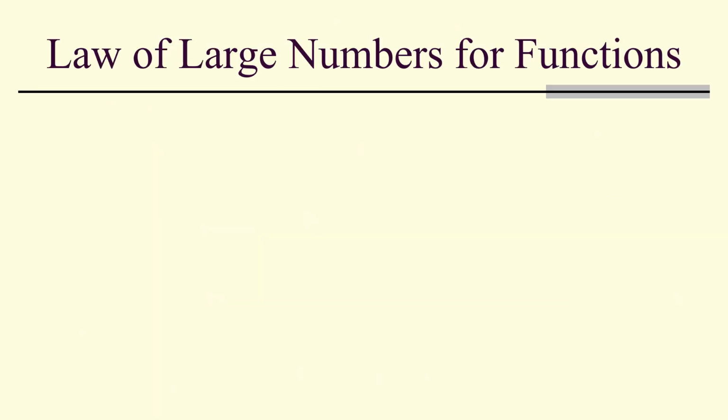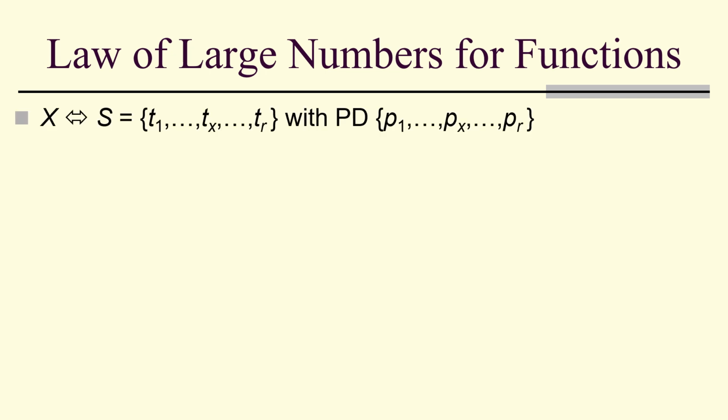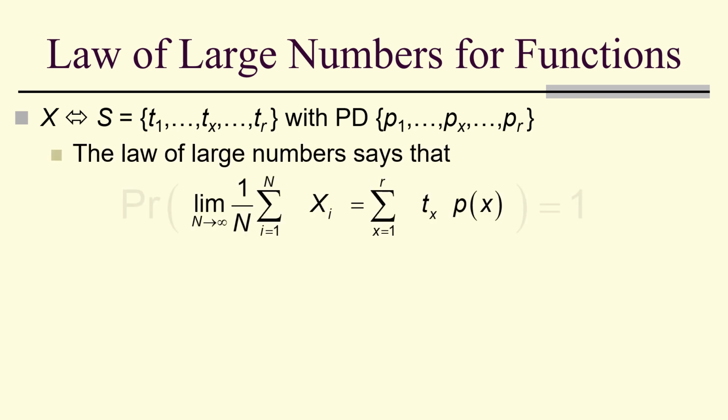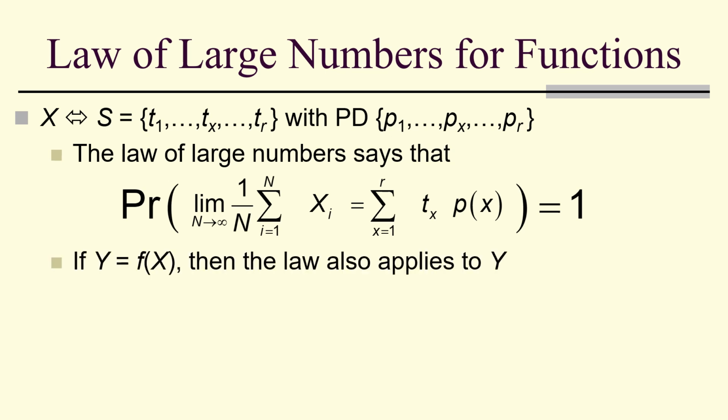So the law of large numbers also applies to functions. So we have our x associated with S, with probability distribution p1 to pr. The law of large numbers says that the probability that this limit is equal to this expected value is 1. And if y equals f of x, then the law also applies to y.